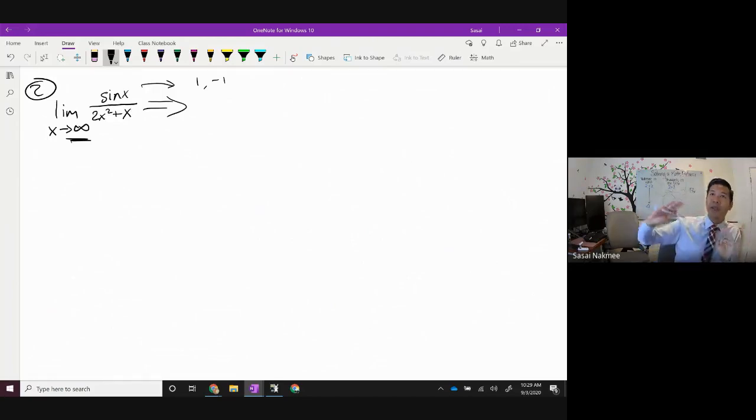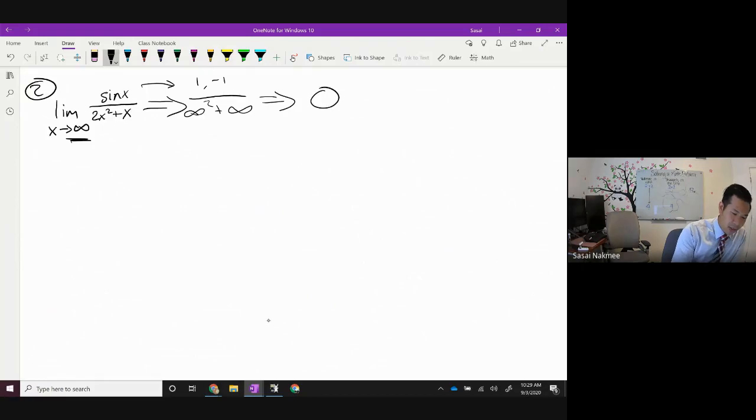The largest it can be is 1, the smallest it could be is -1, and it never does anything else after that. In the bottom, on the other hand, I'm going to have a fairly large number of infinity plus another large number of infinity, right? It's actually infinity squared plus infinity, which doesn't even matter because of that square, it's still just a very, very big number, right? So if I look at this thing, I can say that this thing right now is approaching 0.